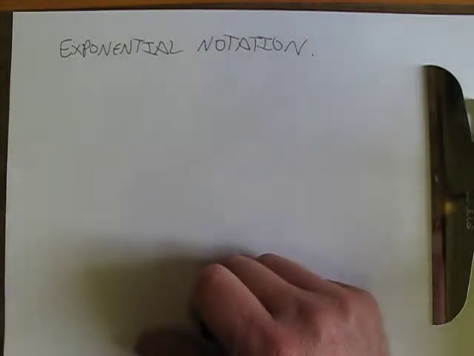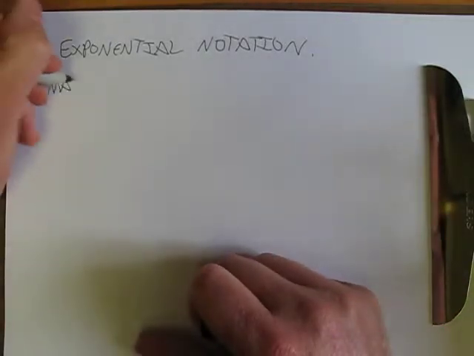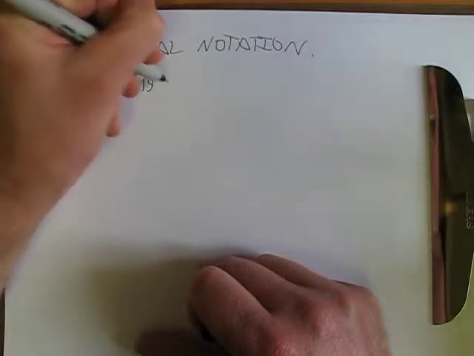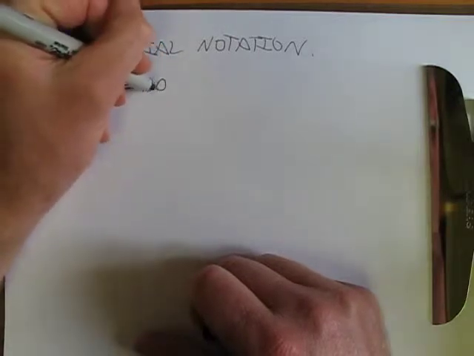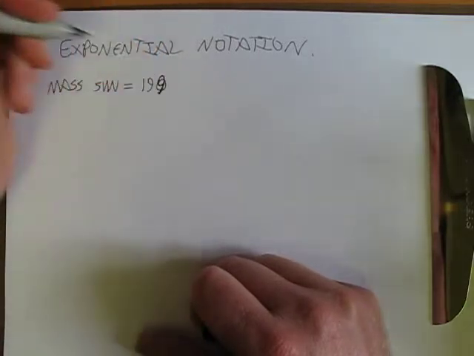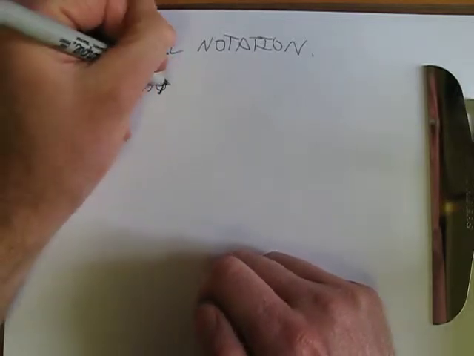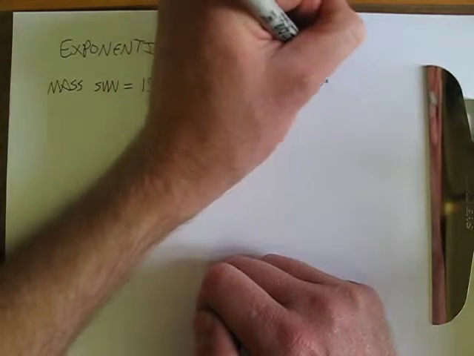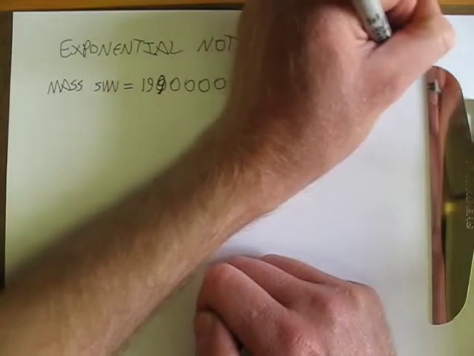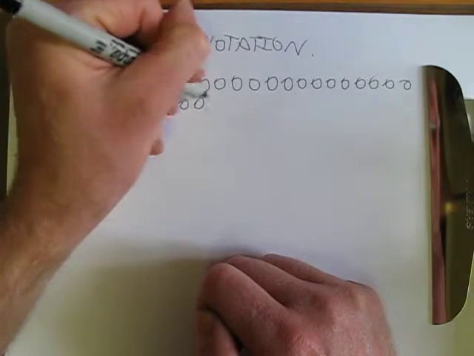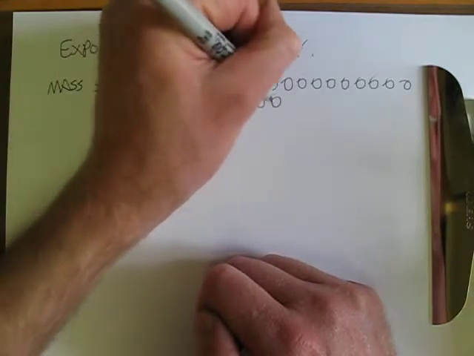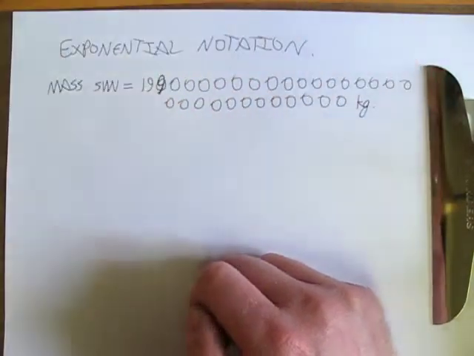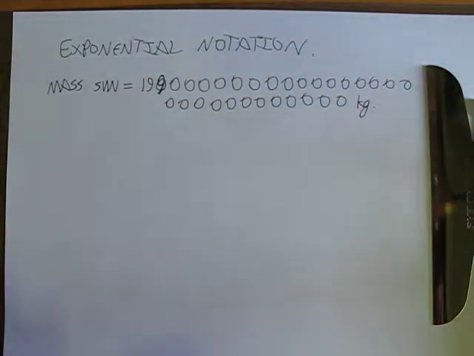The mass of the sun is 1.99, and then there's going to be 28 zeros, kilograms. Okay, there's got to be a better way to do that.